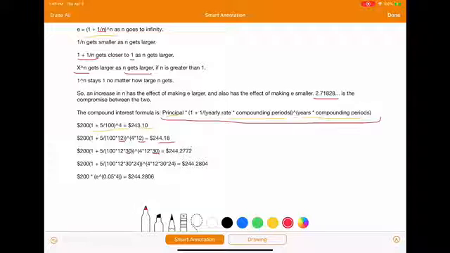So we can see, when we get very precise, we're compounding now every hour. It's as though you had an accountant sitting at a desk all the time, constantly calculating the money you're making. Every hour on the hour, this accountant will take out a calculator and figure out how much you've earned so far and add to the principal and let that amount influence how much you'll earn in the next hour.